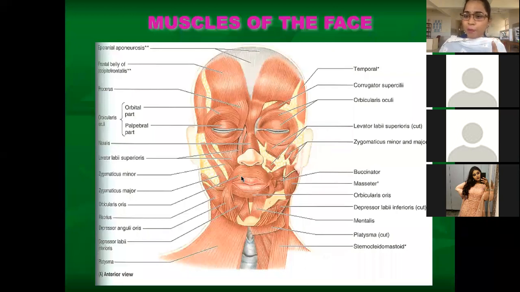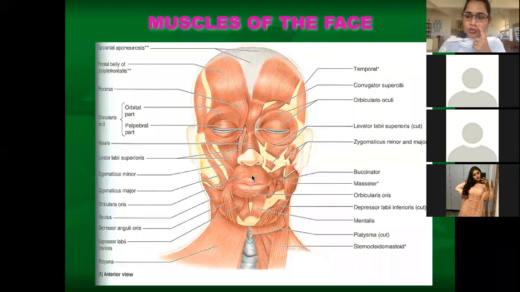What does it cause? Elevation of upper lip. So it is called levator. Levator means a muscle which causes elevation. What is it called? Levator labii superioris. What is the meaning of labii superioris? Upper lip. Levator labii superioris alaeque nasi. Alaeque means and.